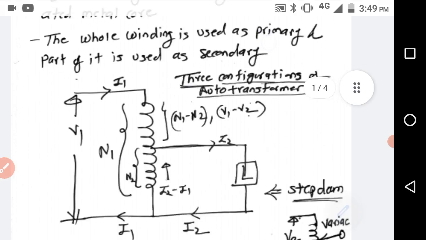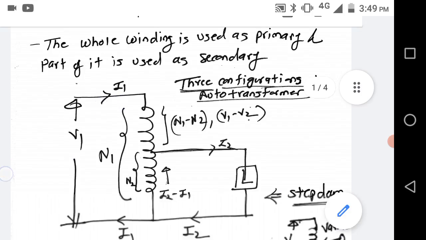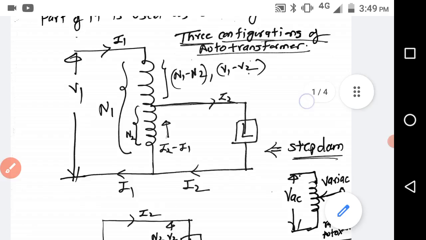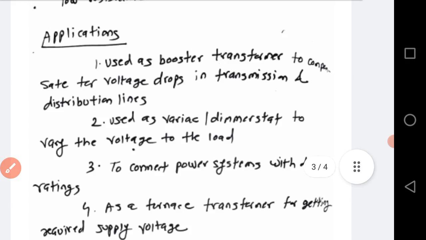So for stepping down high voltage, if this voltage is very high, then you cannot use the auto transformer, because if there is an open circuit, then high voltage will go to the load. So an auto transformer cannot be used for stepping down high primary voltages.